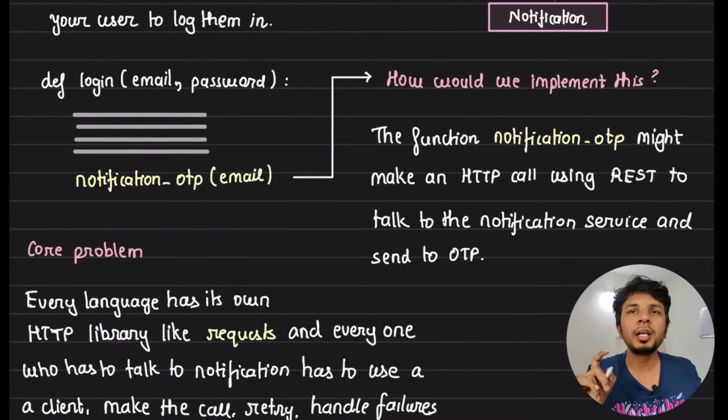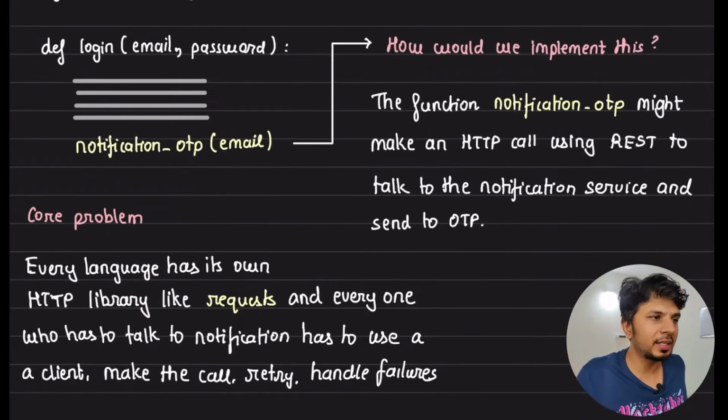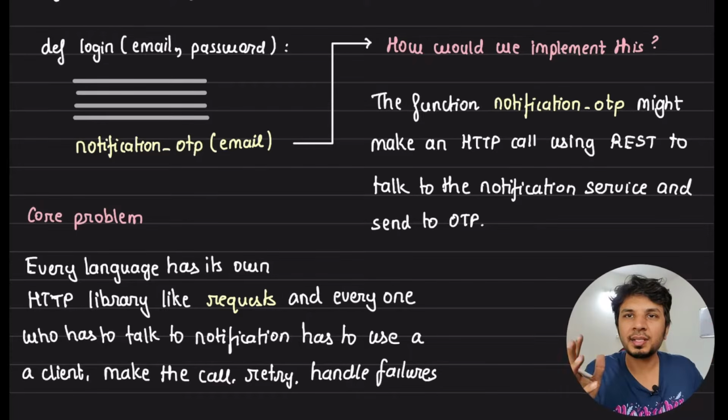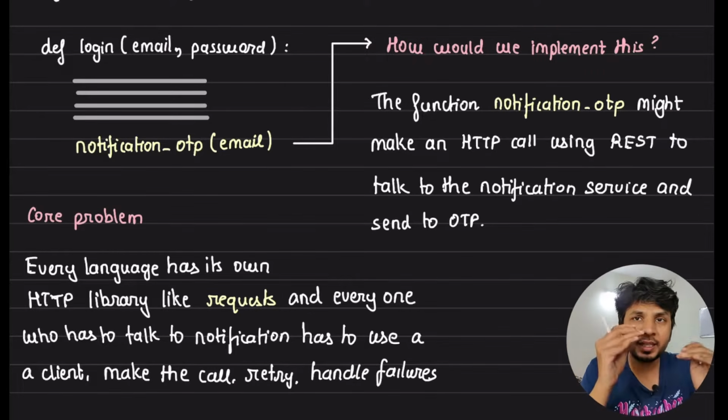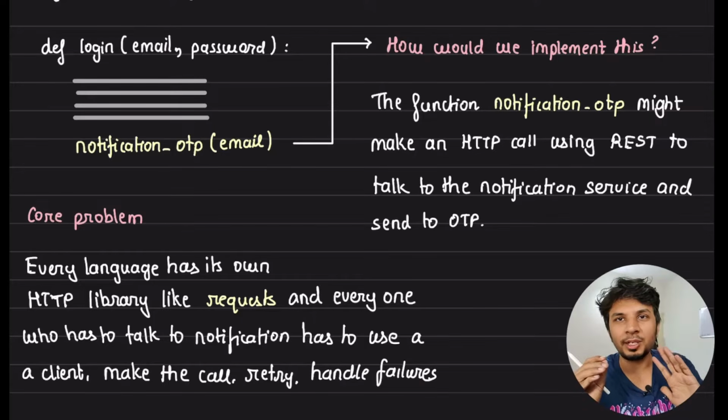Now what's the problem here? Everyone would do that, right? But the core problem here is, this is not just one API call. Your service might be interacting with 50 other services, and you would have to write that same thing again and again. Making that HTTP call, right?